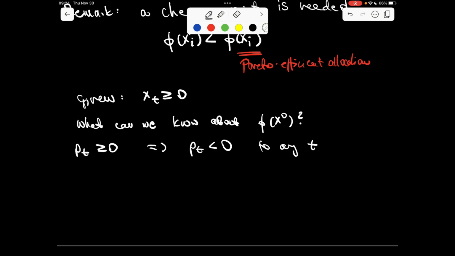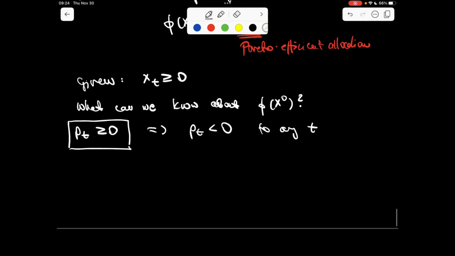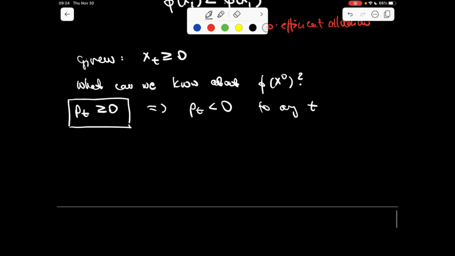So this is the reason why we can say that the price to any period is non-negative. Okay, so we have two possibilities on this basis. The value of the Pareto efficient allocation is strictly positive, or it is zero.